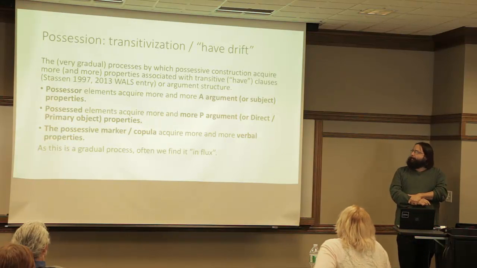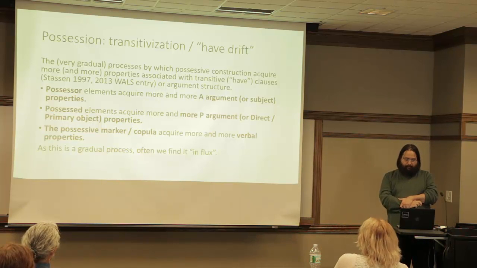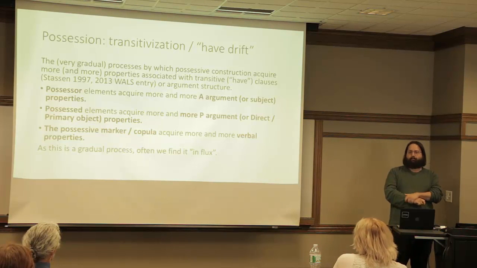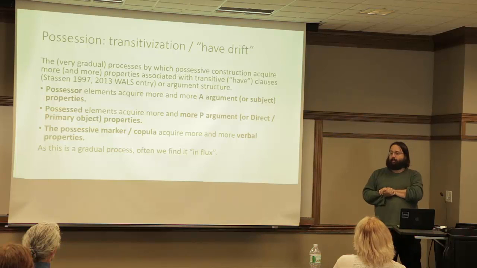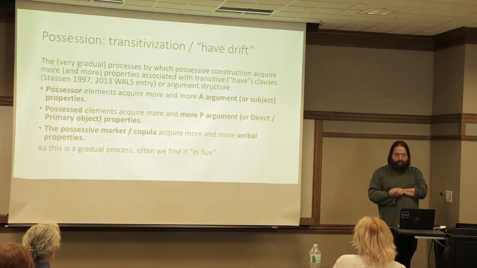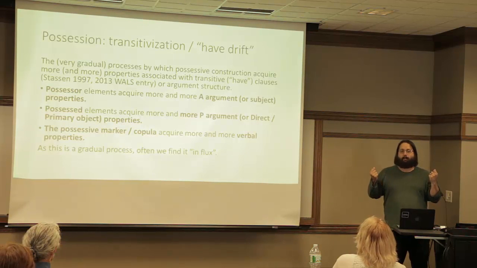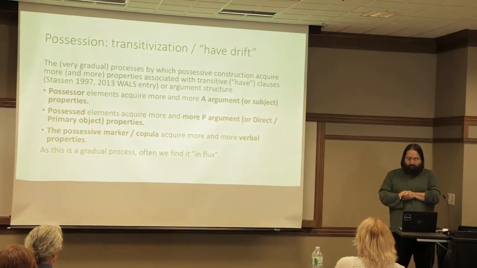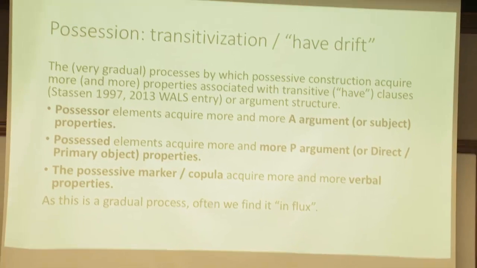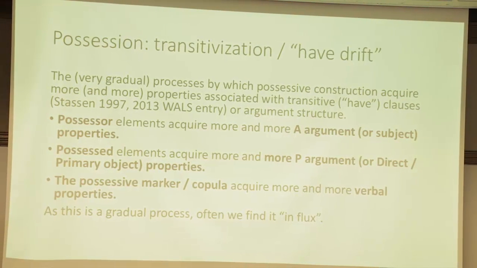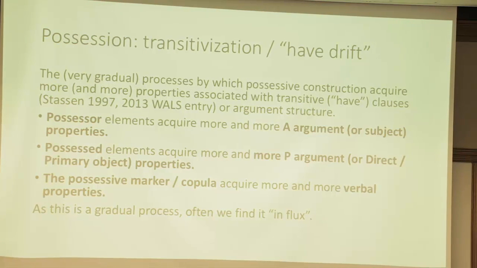The process of have drift, which we will feature towards the end of the talk, is a situation where you have a predicative possession construction with a be verb, like you have across all Iranian, but slowly the possessor starts to have more and more syntactic properties of A arguments, or transitive subjects. The possessed element starts to acquire more and more properties of P arguments, or direct or primary objects.